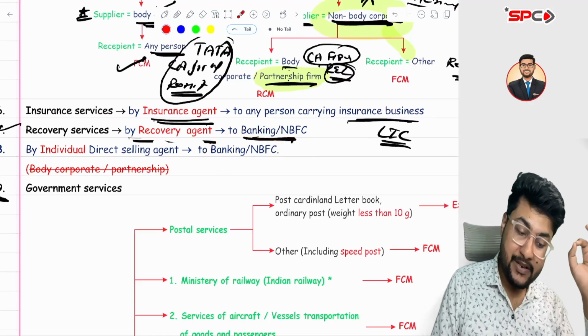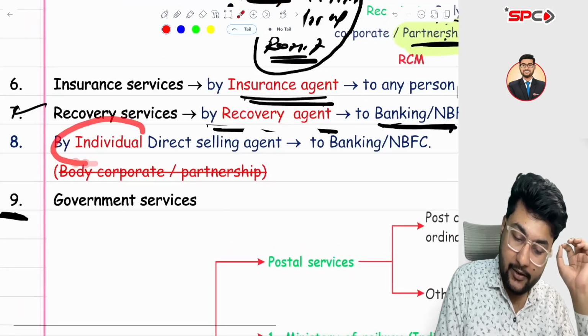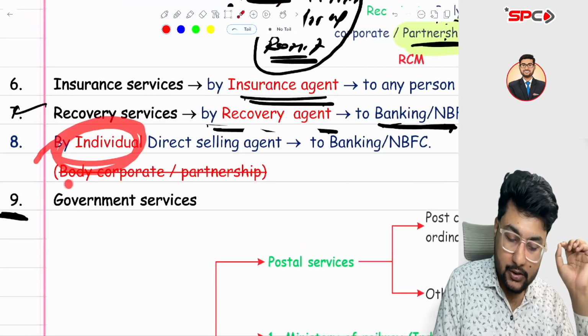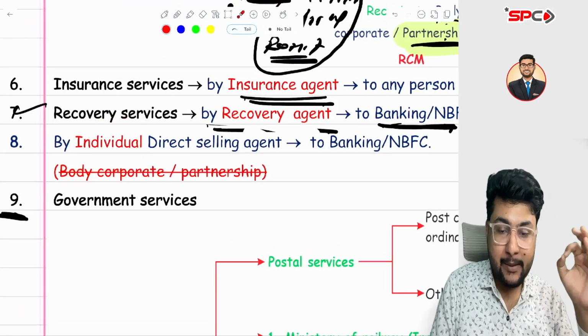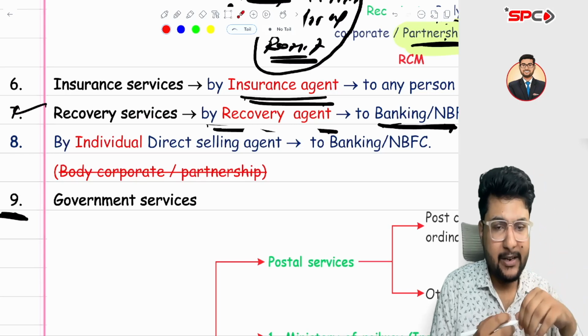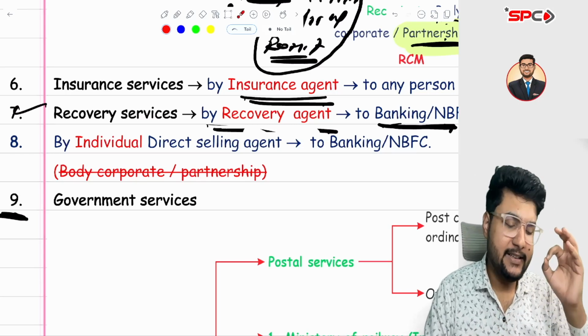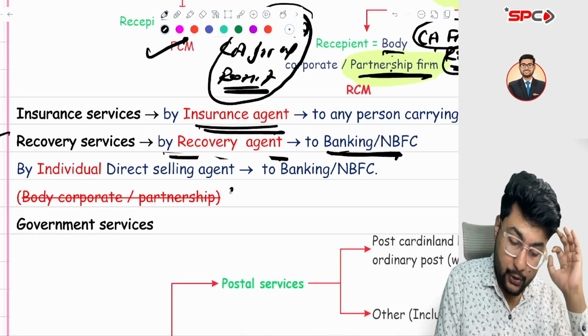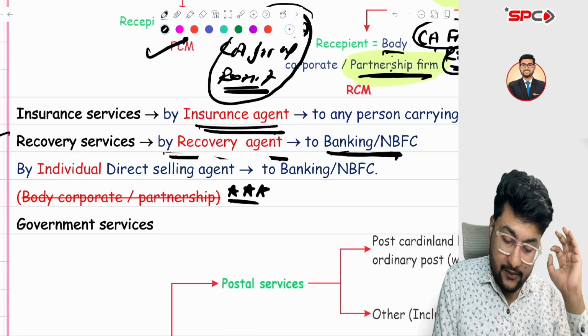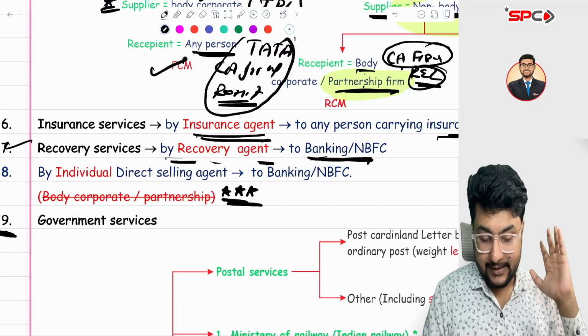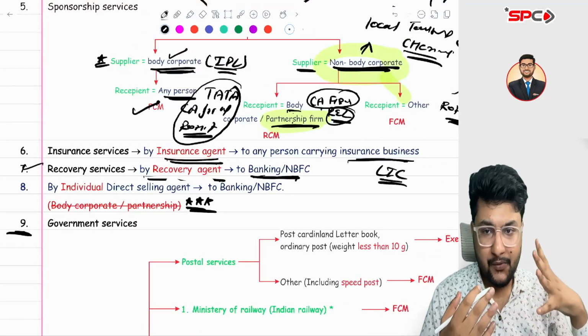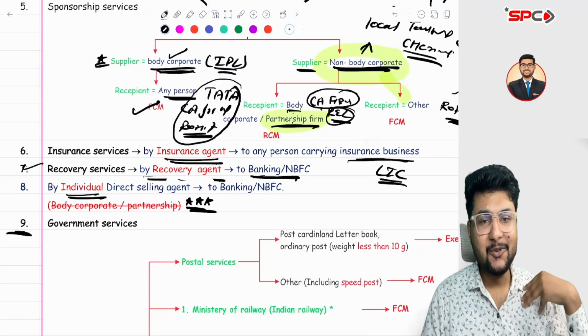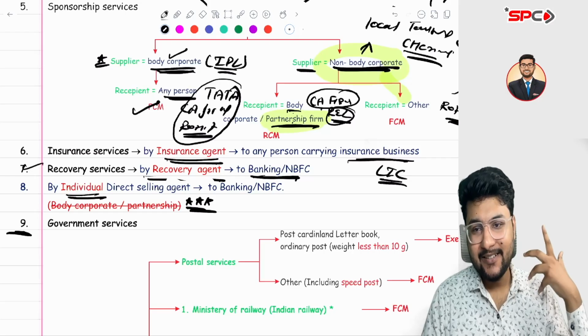But the special point here is only individual. In case of any big player like a body corporate or partnership, forward charge mechanism will apply. Please mark this as very important because it is very general. ICAI will ask this, because sometimes students forget whether individual is written or not and ignore it.